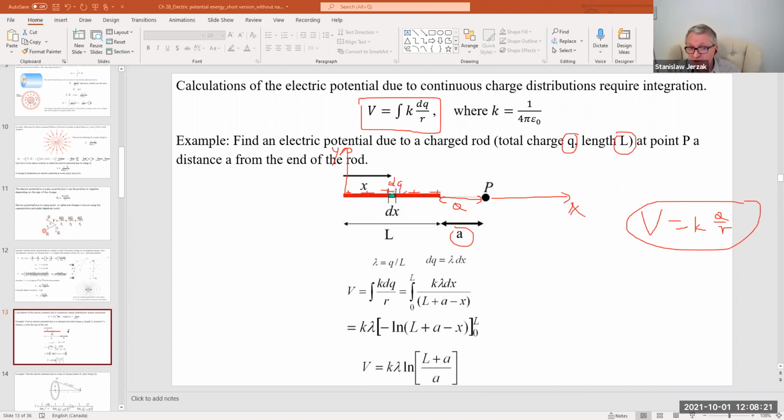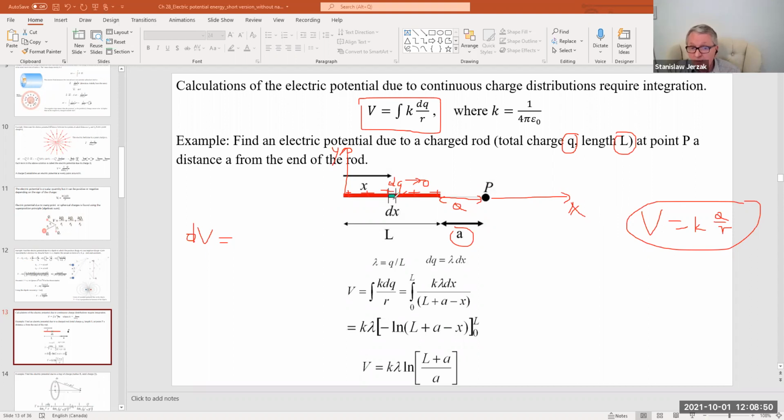Then this little chunk of the rod produces a potential at point P, given by this expression, dV, a differential amount of potential due to that differential amount of charge dq. Remember that dq should approach 0, should be very tiny, so that we can treat this little chunk as a point charge.